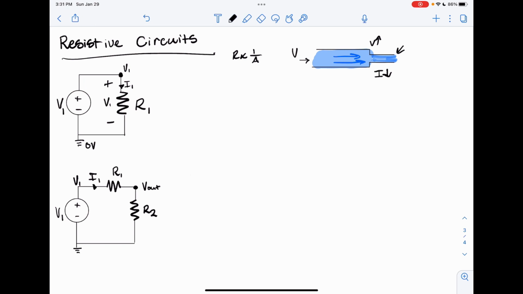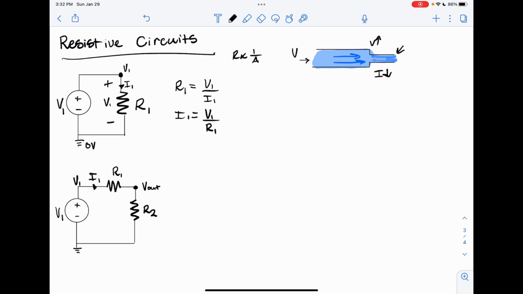Well, we know that R1 has a voltage across it of V1, so we can say that R1 is equal to V1 divided by I1, since we know that R is equal to V over I. Now, let's rearrange this to solve for I1. I1 is equal to V1 divided by R1.